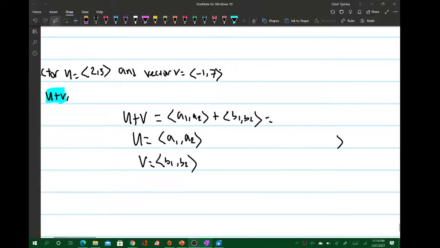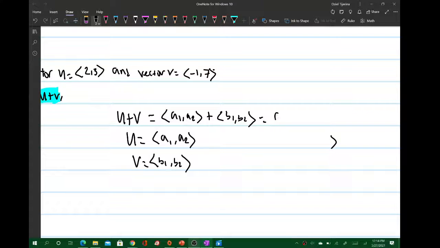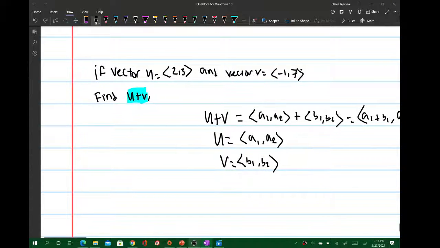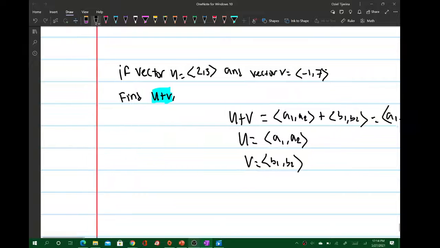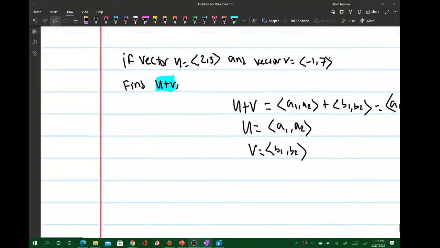And this means we have a1 plus b1, comma, a2 plus b2. Okay, so using this property, we can find u plus v.